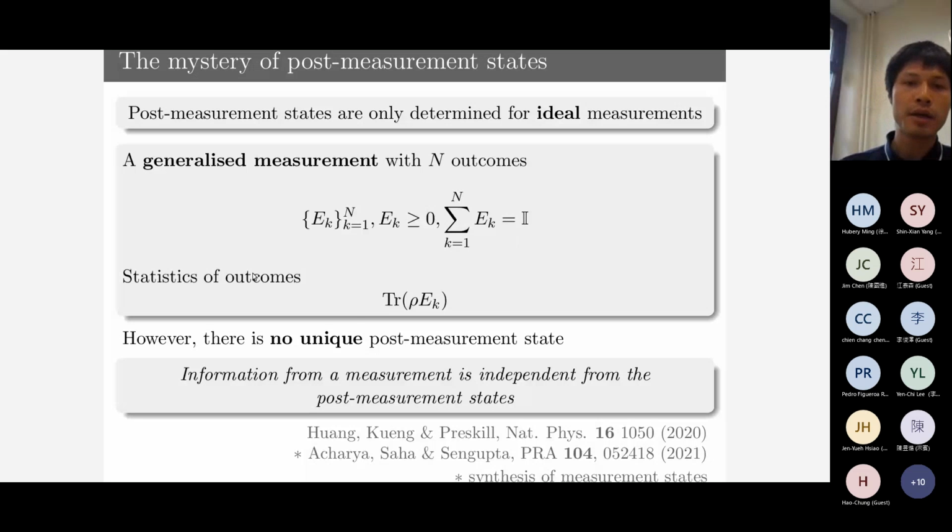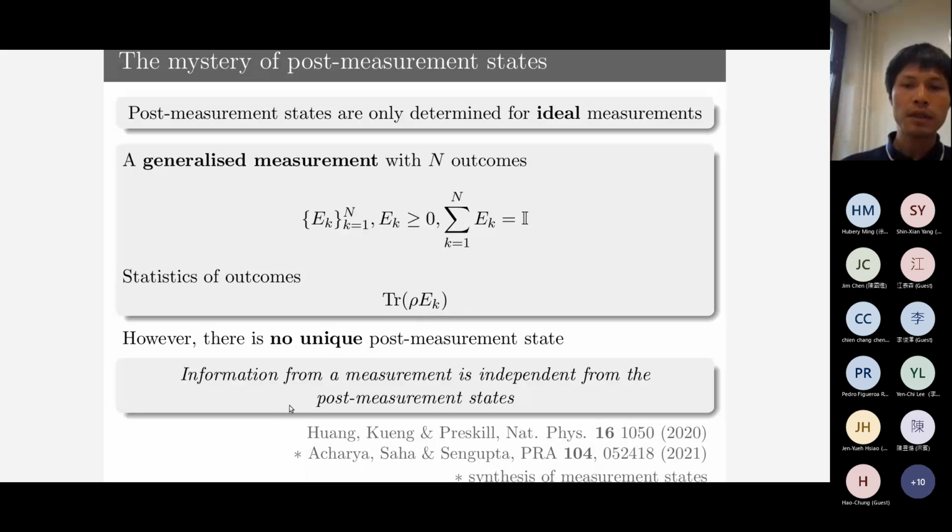And the statistics of the outcomes is given by trace of rho E_k. However, for a POVM or generalized measurement, there is no unique post-measurement state for each of the outcomes in principle. Sometimes it happens that there's a natural way to associate a post-measurement state, but in the most general case, for example, if you take this E_k to be identity, it is not clear what the post-measurement state of the system is.